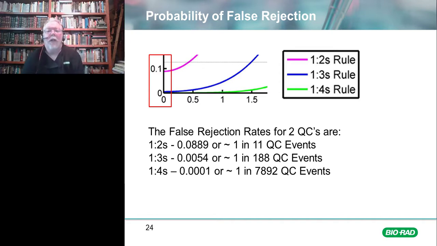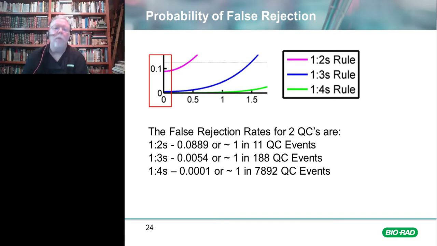And just to give you an idea of what the implications of this are, the false rejection rate for a 1-2S rule is basically 1 in 11 QC events. So that means if you're running 20 chemistries and you're using a 1-2S rule on all 20 chemistries and you're doing 2 QCs, you would expect to have multiple rejections even when everything is in control every time you run QC.